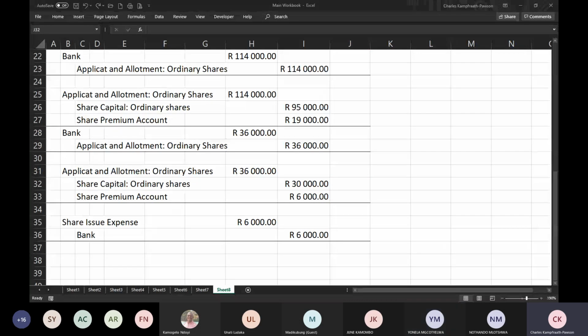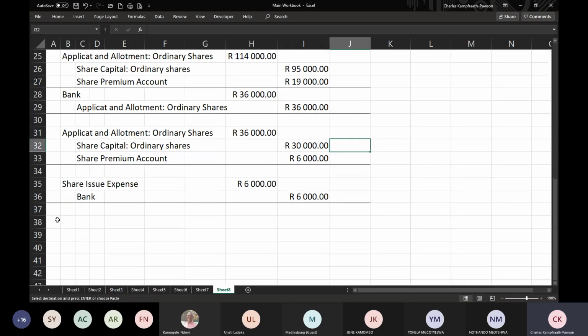Yes. And then we had the rights issue, the capitalization issue. So let's do the calculation for the capitalization issue first.